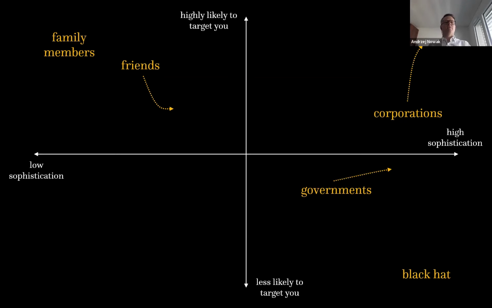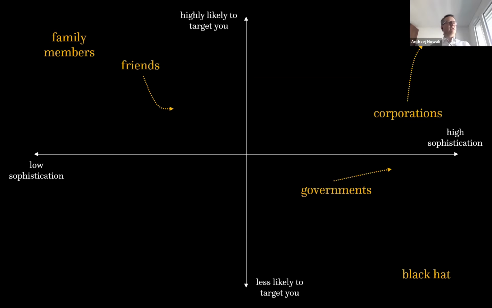Maybe they want to find out what I told another friend about them or something like that, right? Maybe I'm a high school student and I'm very concerned about this. Then corporations, well, they are already very sophisticated, but they are more and more likely to target me. And then we have governments, which may not want to target me much more than before, but they definitely will become more sophisticated with time and so on.